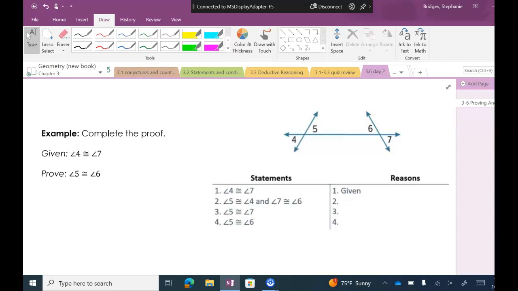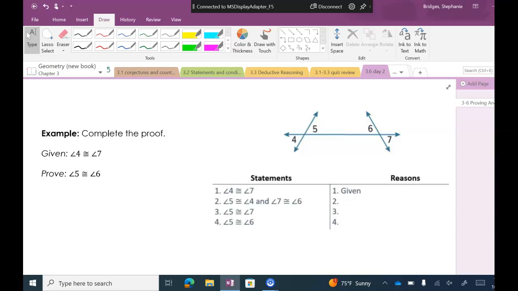To figure out step number 2, you might need to look at your picture and try to decide, why is it that I can say that those are congruent? What kind of angles are they that lets me know that they are congruent? And then from there, saying that 5 and 7 are congruent, look at your list of congruent properties.